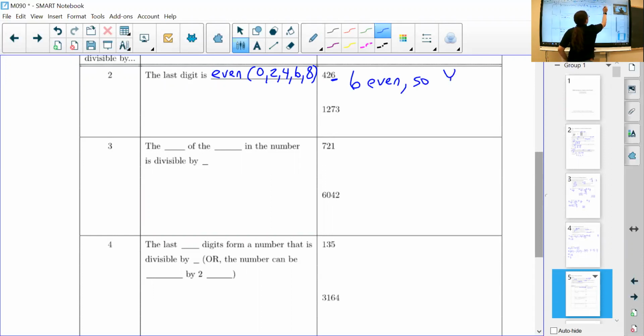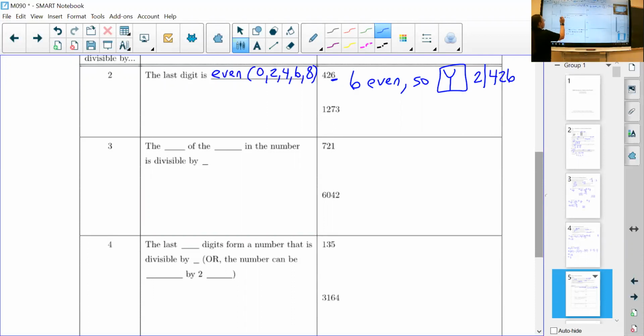So yes, 426 is divisible by 2. I like to write that as 2 goes into 426. That's just a vertical line, make it a little bigger than a 1 so that it doesn't look like a 1. 2 divides evenly into 426. 2 is a factor of 426.